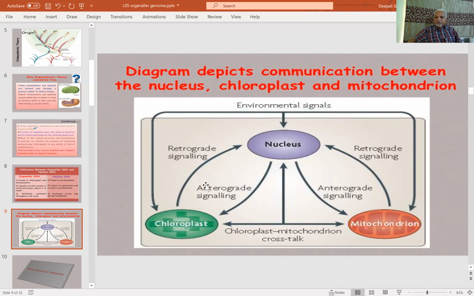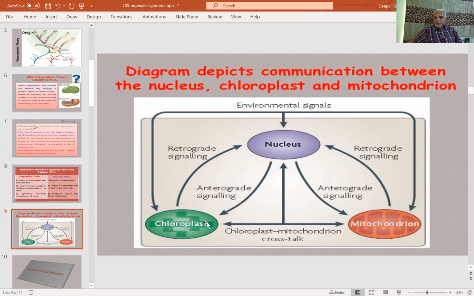Nucleus perceives the signals from the chloroplast as well as the mitochondria. In turn, these two organelles send signals to the nucleus, and the nucleus perceives the environmental signals and sends signals to chloroplast and mitochondria.